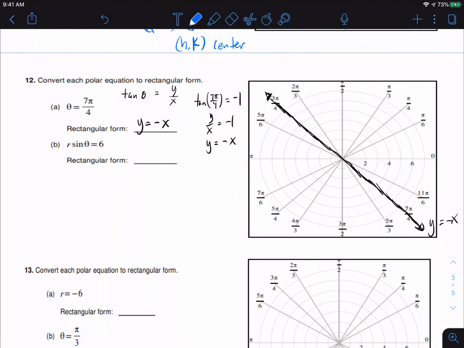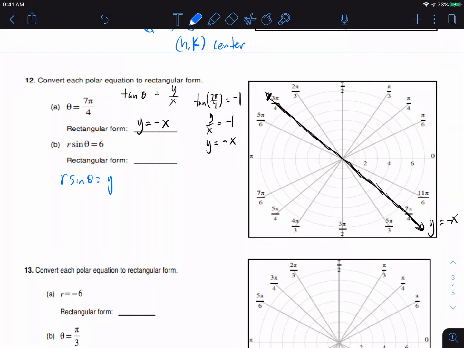I'll do my other one in a different color so you can see it. So it's saying r sine theta is equal to 6, but what do we know about r sine theta? Do we know anything about it? R sine theta equals what? Yeah, it equals y.